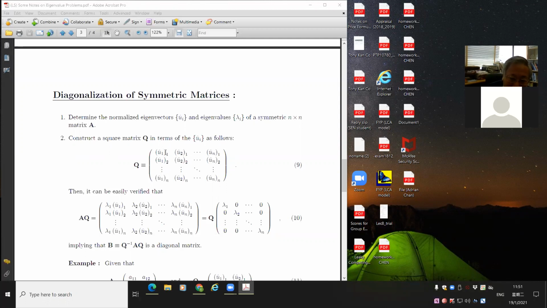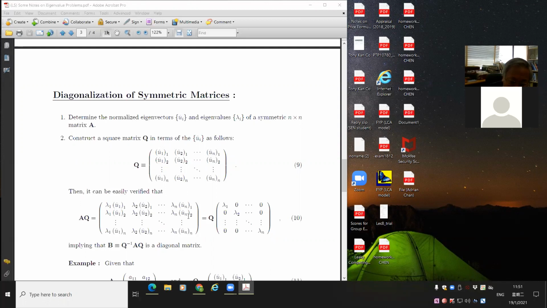So in the first column, the first element is the first element of the first eigenvector, the second element is the second element of the first eigenvector, and so on, and the last element will be the last element of the first eigenvector. And then we multiply the original n by n matrix A with this Q matrix, and we get this.